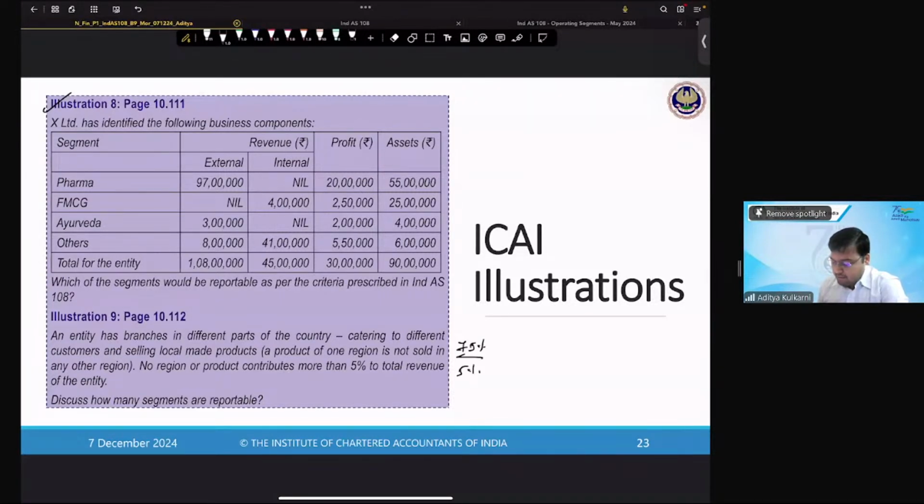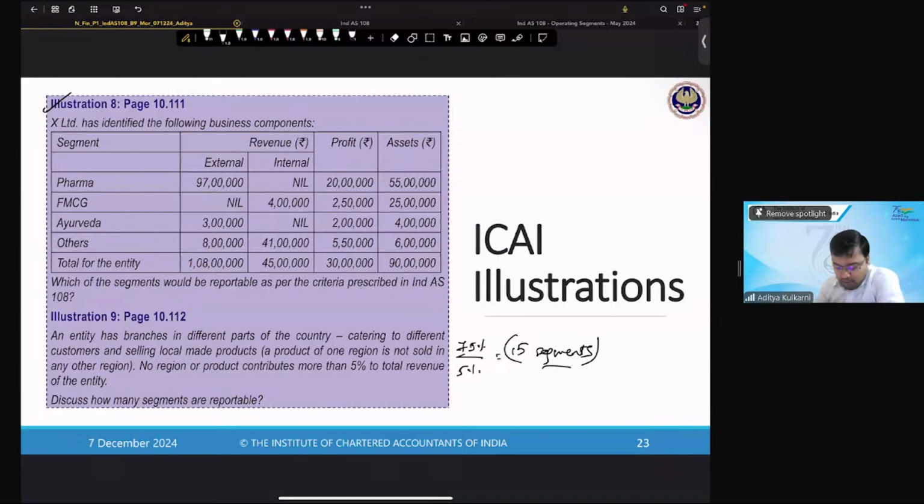So 75% divided by 5%, 15 segments. Question is not having the data for the other criteria. So based on the available criteria, at least 15 segments will be reportable, assuming that each of these segments have the 5% revenue. Did you understand?